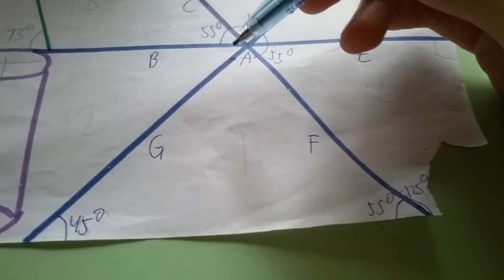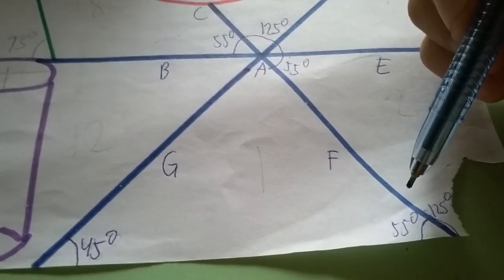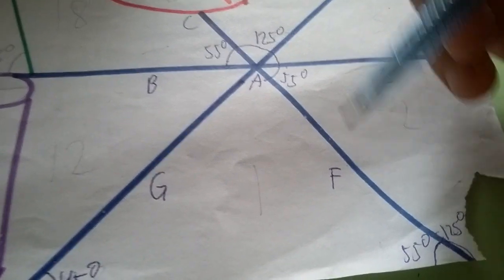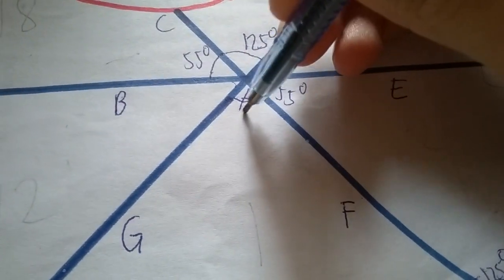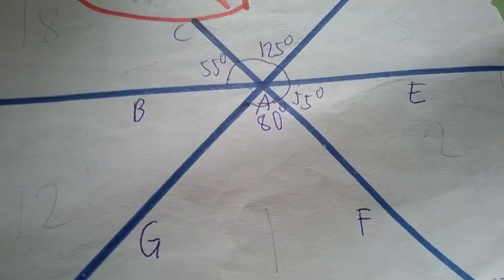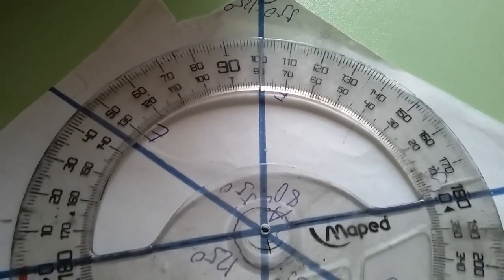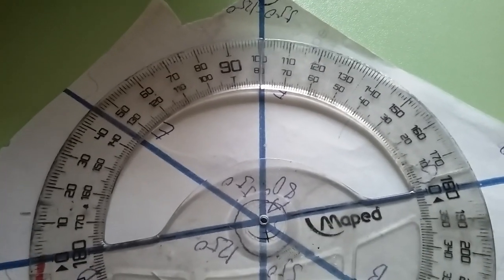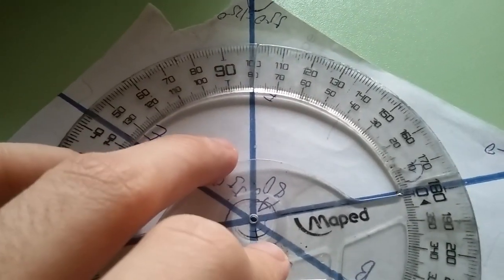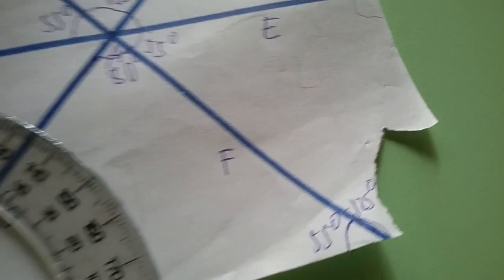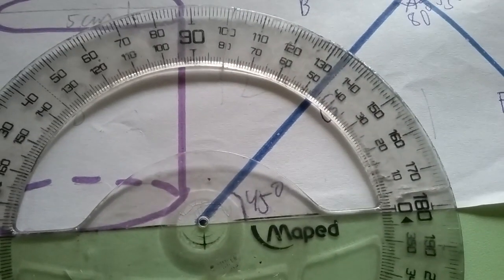Pero we need to subtract that from 180. So therefore, this remnant angle must measure 80 degrees. Okay? So 80 yan. Moreover, if I were to check using a protractor, it deliberately makes sense na 80 degrees talaga siya. And then this angle here should measure 45 degrees. So this is deliberately true.